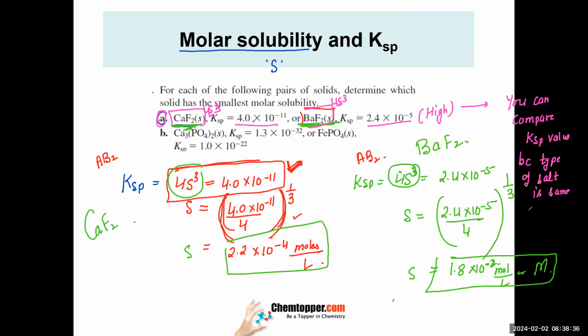So Ksp expression in the A part is same, 4s cubed. So if this value is high, S is high. If this value is low, S is low. Very simple. But this is only when they have the same Ksp expression for molar solubility. Is it okay? Okay, now let's see the B part. Ready for B?